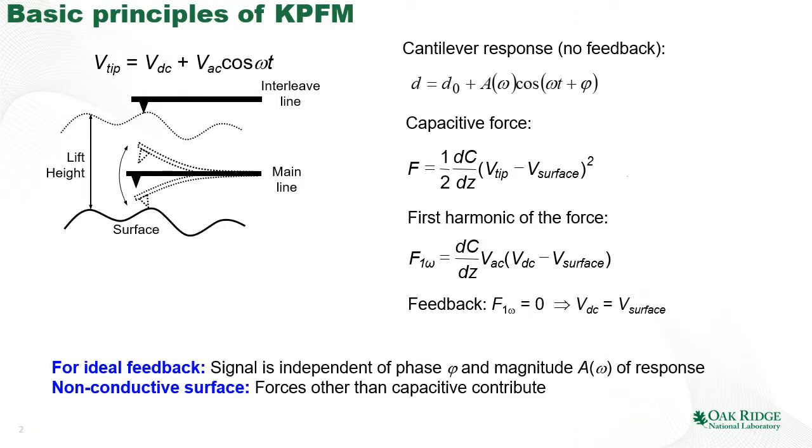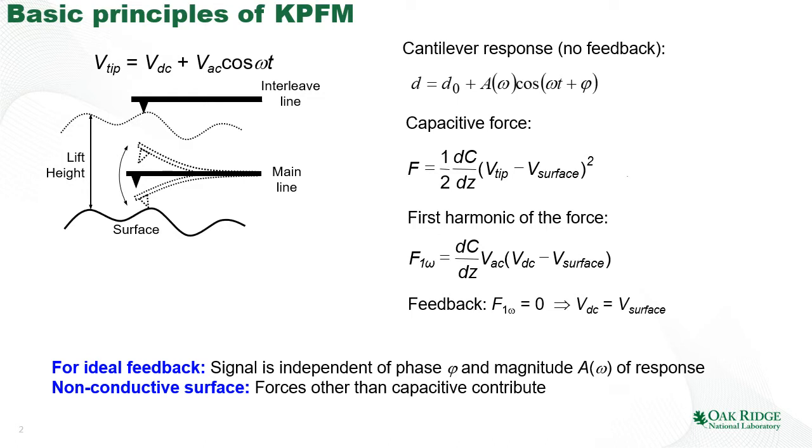So let's start with a very quick recap of the classical KPFM operation. Kelvin probe force microscopy, as proposed 30 years ago, is based on this dual pass scheme. We use an AFM probe either in contact or intermittent contact regime to determine the position of the sample surface.